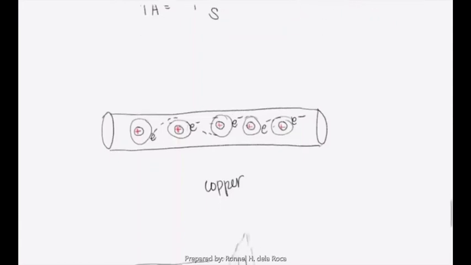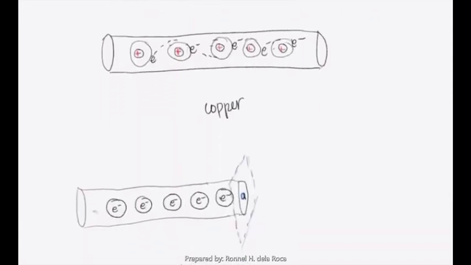So kung i-illustrate natin yung definition ng current, let's say we have a copper wire and there are charges moving from one point to another. Let's consider point A. Kung meron tayong 6 coulombs of charges na nagpa-pass through point A for 3 seconds, therefore, ang current dun sa wire ay 6 coulombs per 3 seconds, or simply 2 amps.